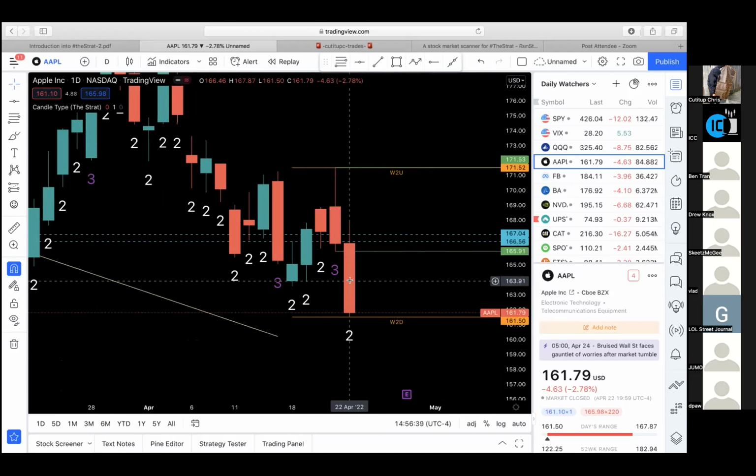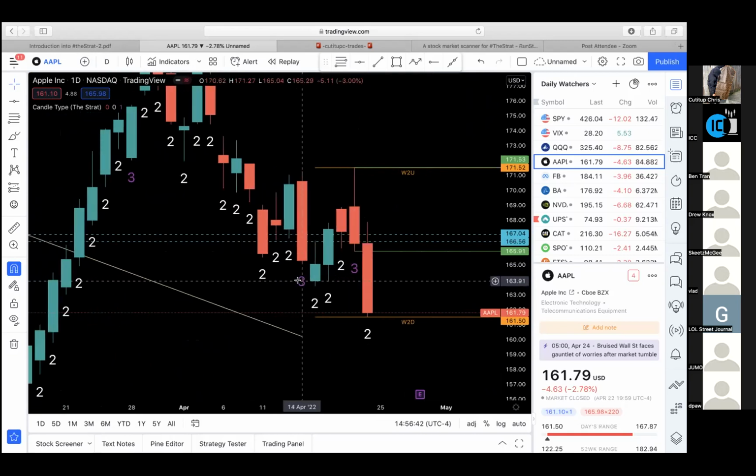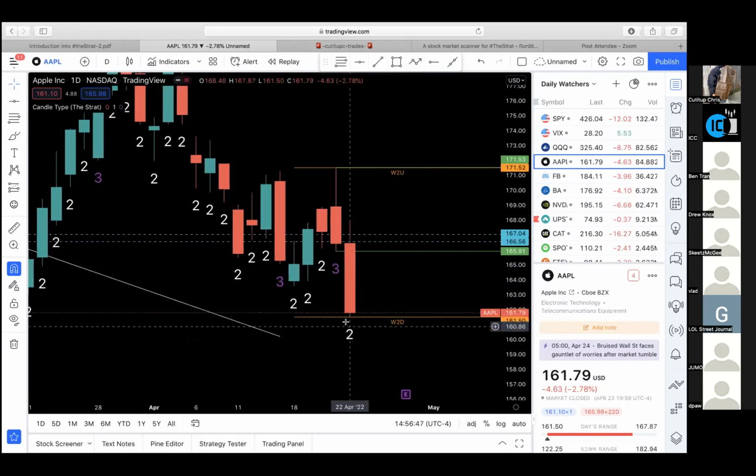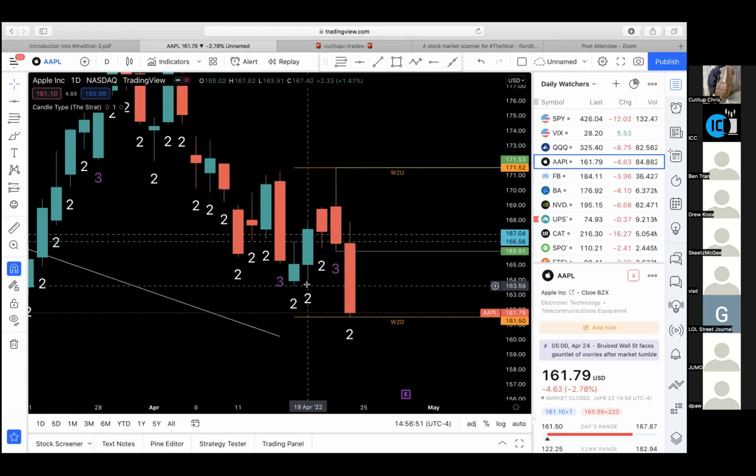We take that 2 down to down here, which would be 163. It did way more than that, 161. So this thing traded outside of its ADM also. But yeah, we would have had our targets at 163 and probably gotten out once that hit.